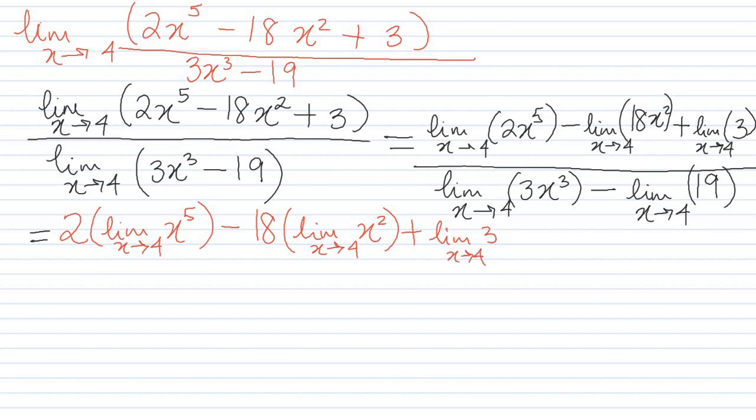One thing that is important for you to know is this style of bringing out the coefficient of the variable in the function that I do, like bringing out 2 and then isolating the limit of x to the 5th, or bringing out 18 and isolating the limit of x squared.